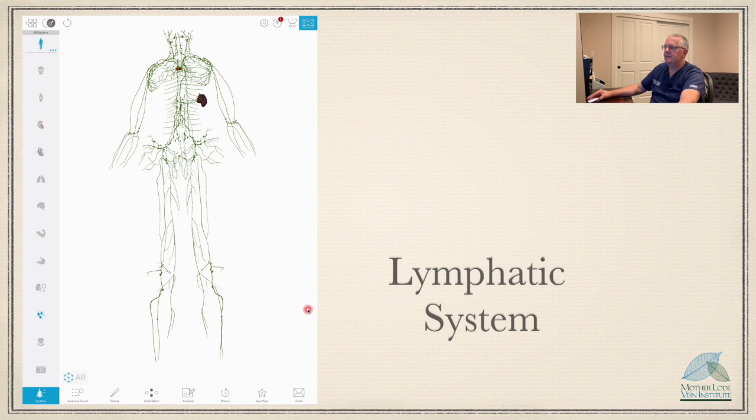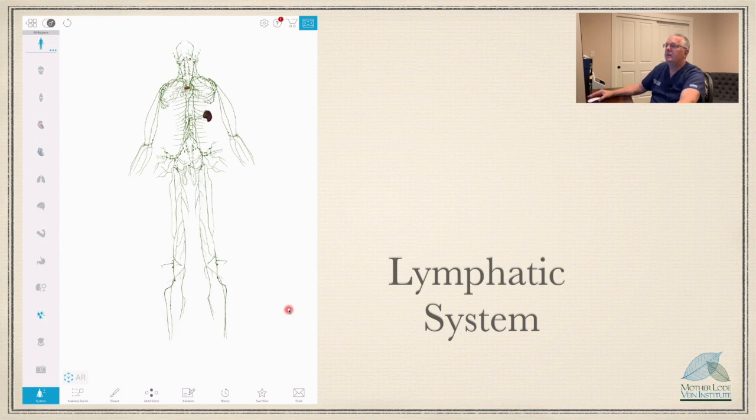So this is our lymphatic system, and you can see there are many tiny lymphatic channels that carry fluid. I'll turn the volume down on this one, and I'll just narrate from here.